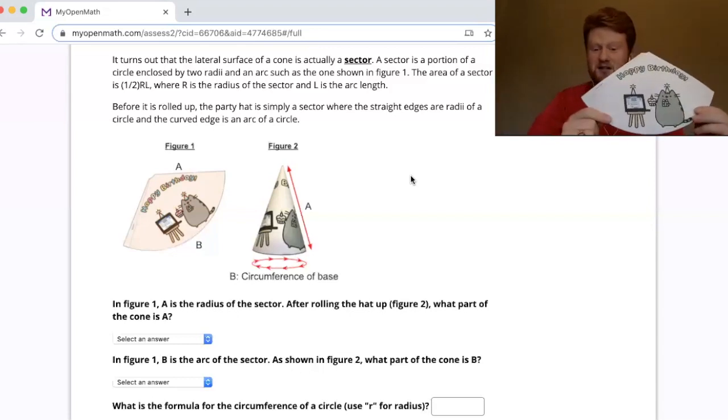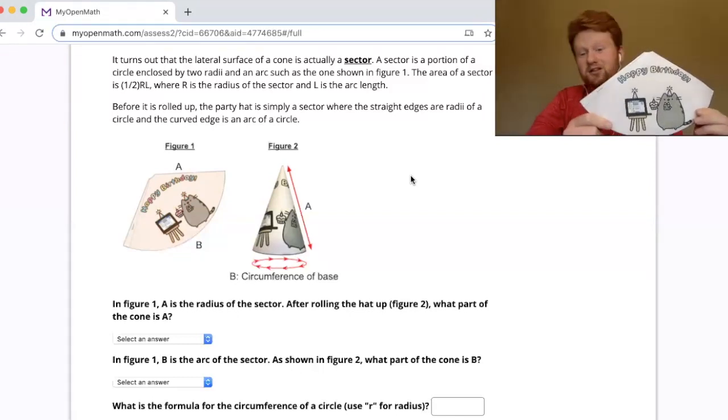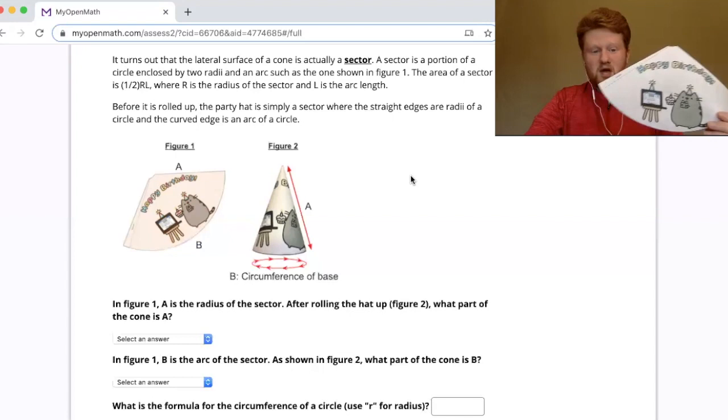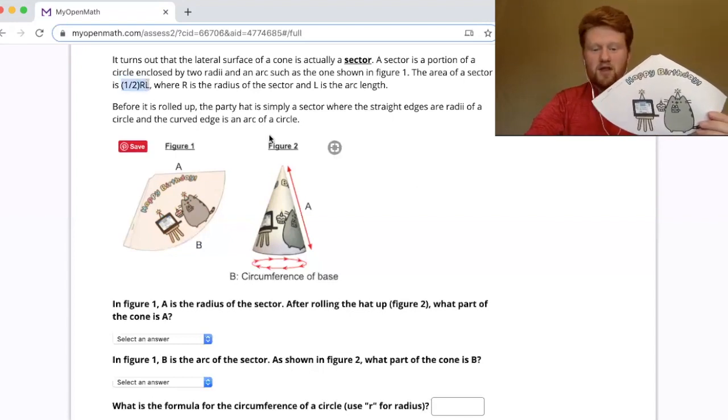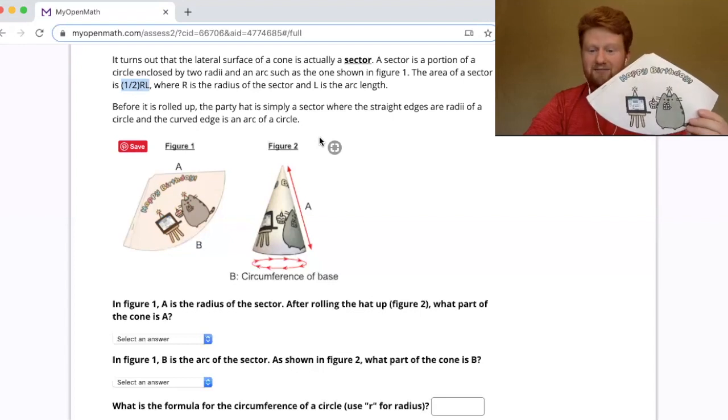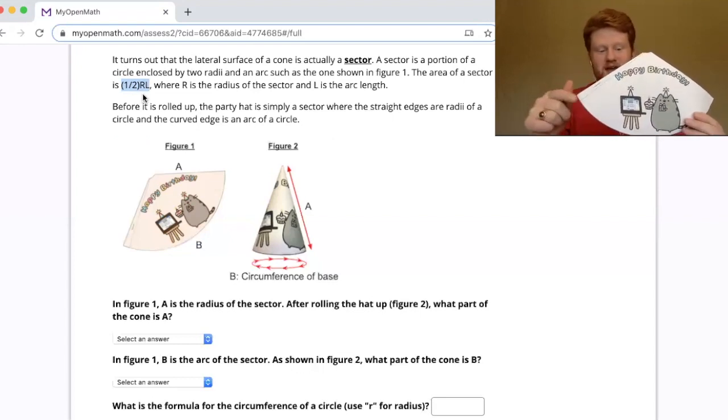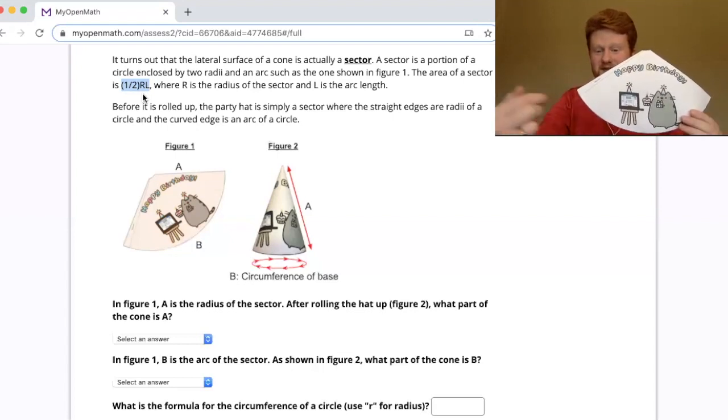So that is going to allow us to actually find the formula for the surface area, or the lateral surface area, of a cone, because we know the formula right here for the area of a sector is 1/2 RL, where R is the radius of the sector right here, and L is the arc length of the sector.